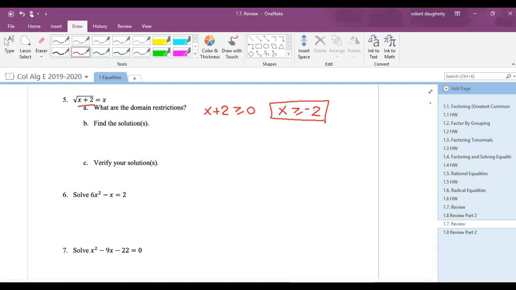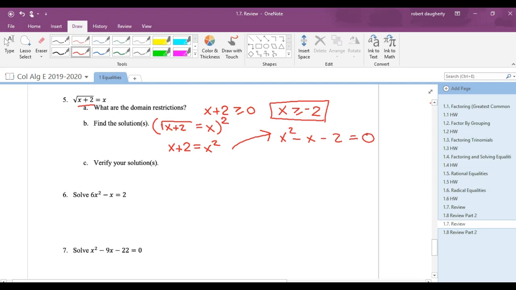The way I solve this problem is I square both sides of that original equation. So square root of x plus 2 equal x. When I square both sides, I get x plus 2 equal x squared. I want this equation to be set equal to 0. So x squared minus x minus 2 equals 0.